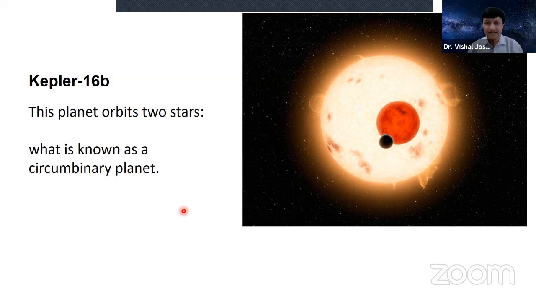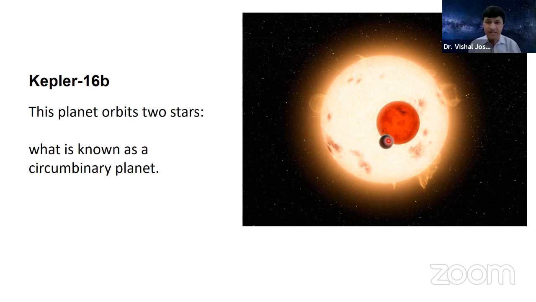Another unique system is called Kepler-16b. This planet is orbiting not around a single star, but interestingly around a binary star. In the universe, we have discovered that 90% of the stars are not alone. They are clubbed with one or more stars, so they are forming a stellar system.